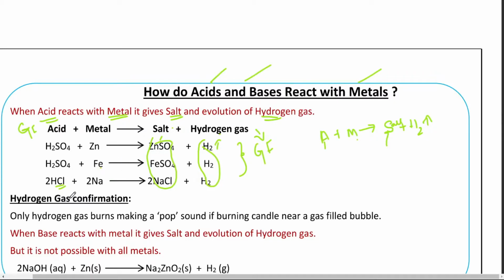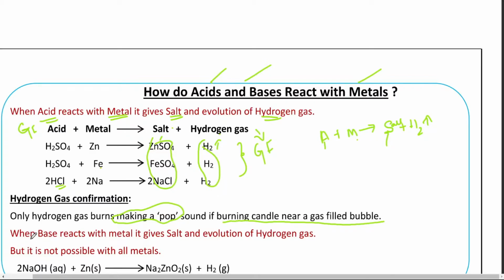The confirmation we can get is that hydrogen gas makes a popping sound if a burning candle is brought near a gas-filled bubble. So whenever a popping sound is heard when the burning candle is kept near the gas-filled bubble, it is confirmed that it is hydrogen.